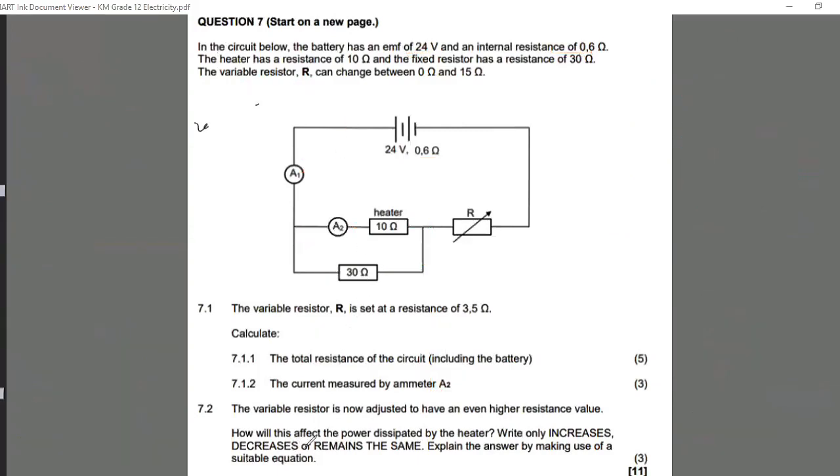Now, to answer this one, we do understand that here we only had 3.5 ohms, right? But now, what are they saying? They say the variable resistor is now adjusted to have an even higher resistance. So let's say, for argument's sake, they increase this one to have the maximum resistance that it can provide, which is 15 ohms. Now, how will this affect the power?